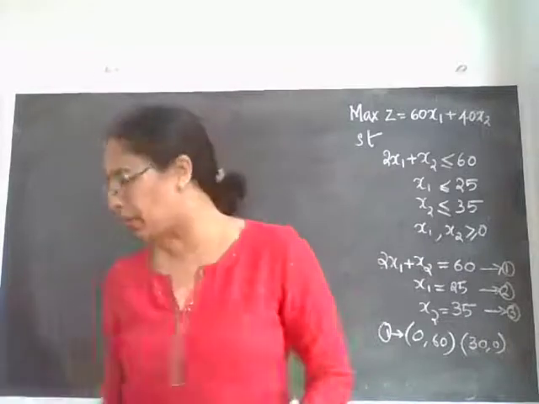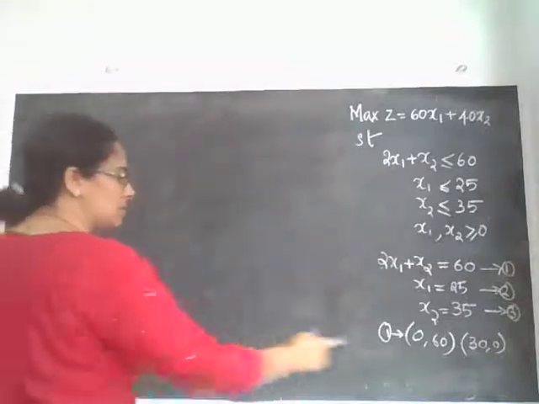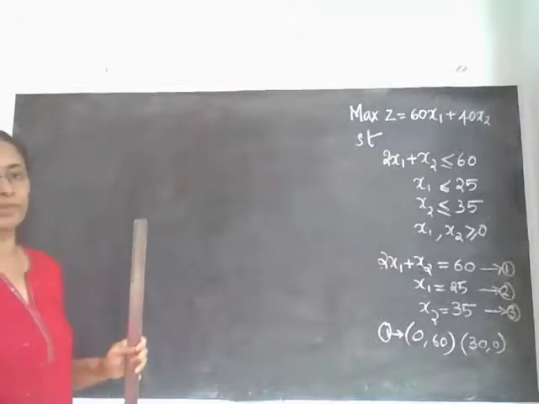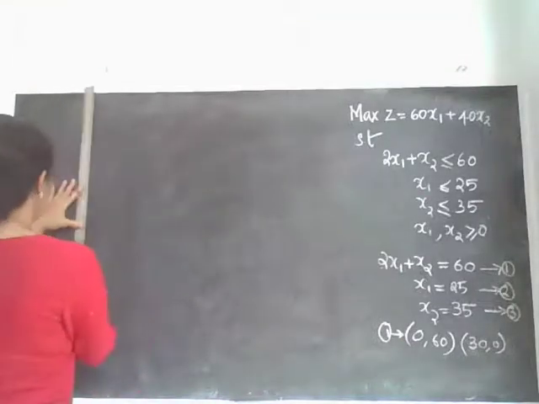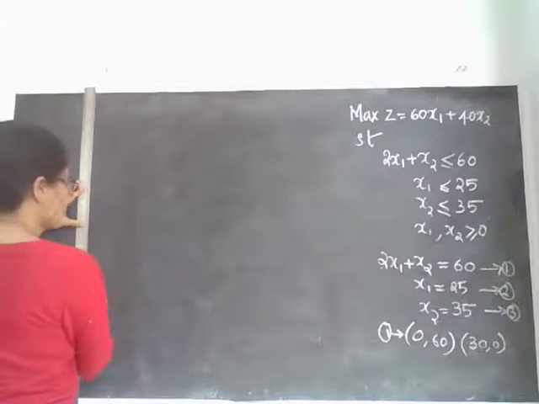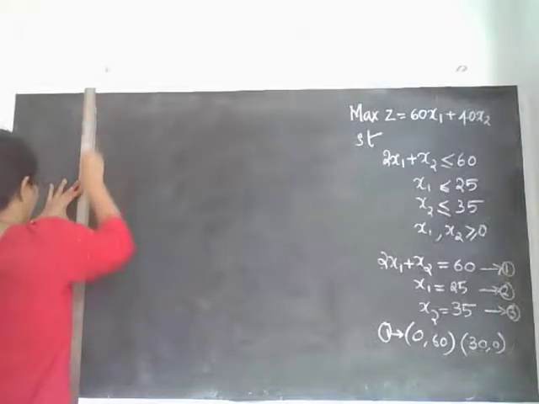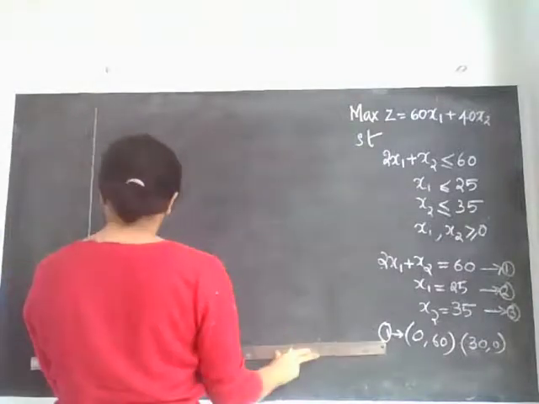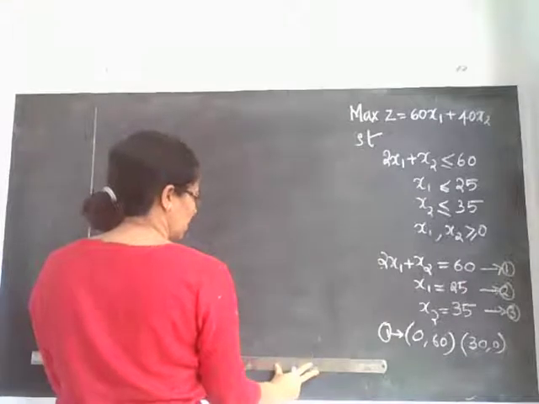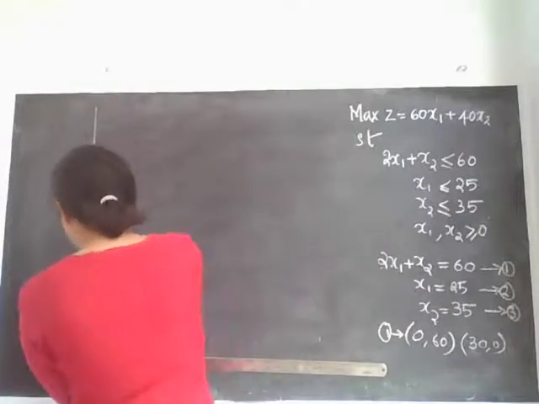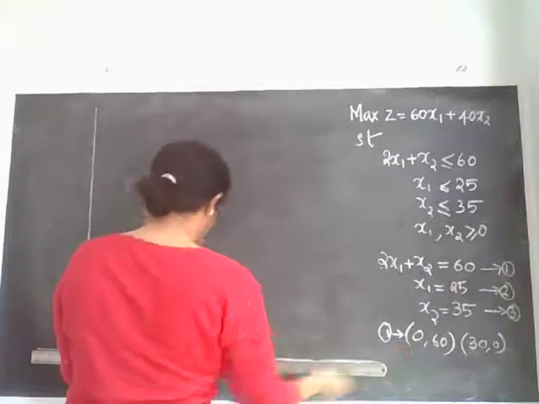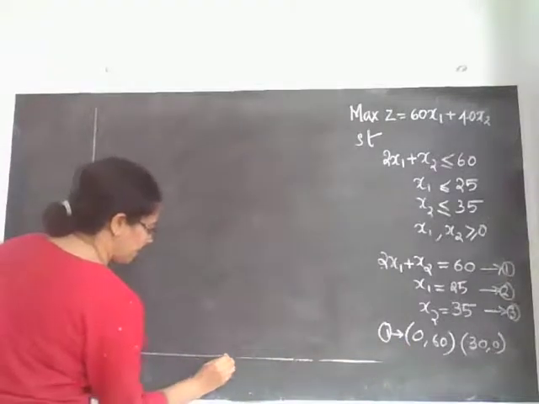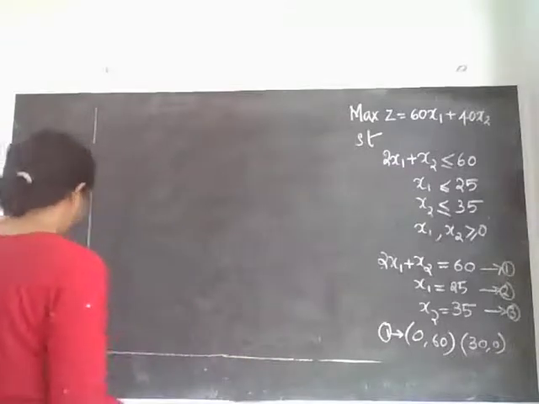Now we start drawing the graph. We need values up to 60, so we will take the scale with 5s. The vertical y axis is x2, and let this be the x1 axis.